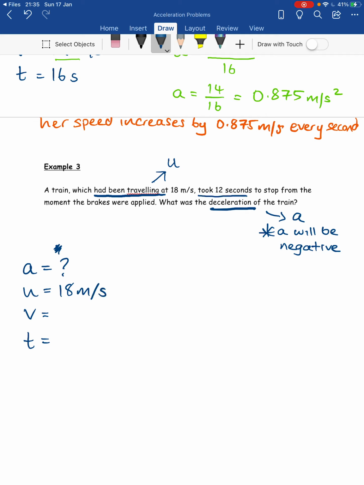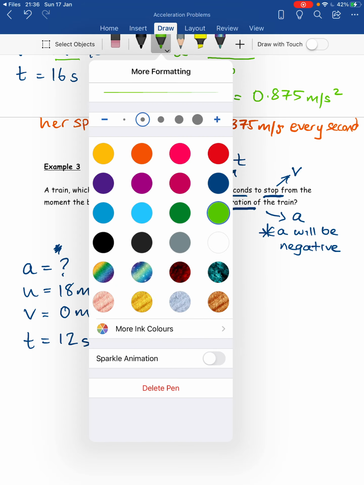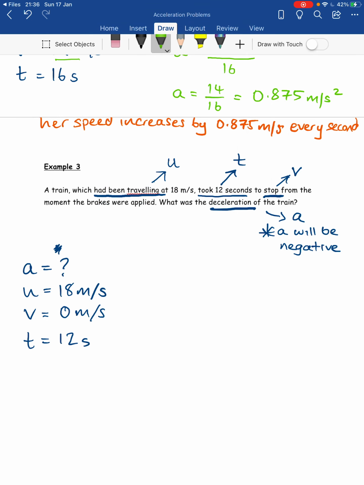It takes 12 seconds. So 12 seconds is our time to stop. Now if it stops, it's at the end of the journey and it's not moving. That's going to be our final speed v, which will be 0 meters per second. So, even though it's deceleration, the equation stays the same.